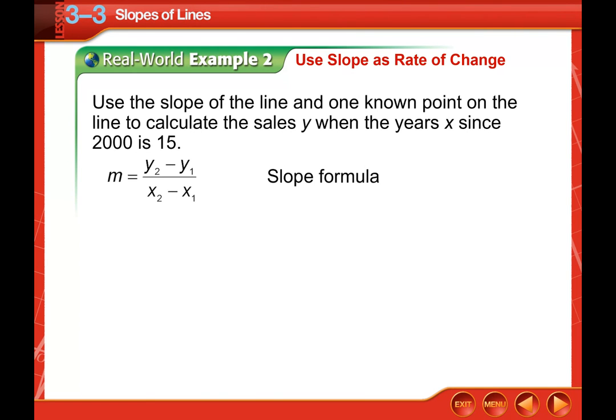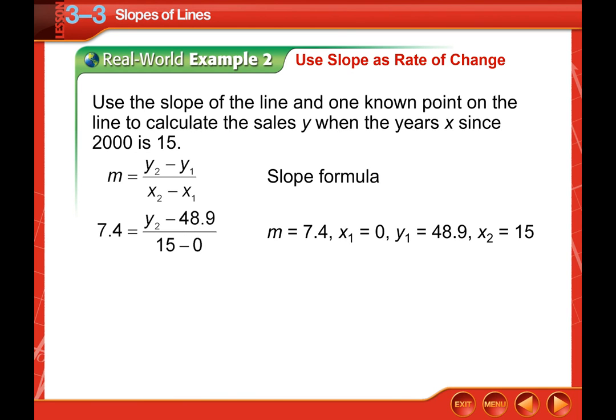Okay, so we have our slope formula. We put in 7.4 for the m, and we know that we have a change of 15 years, and we know the original value of sales. So now I can solve for that y2.